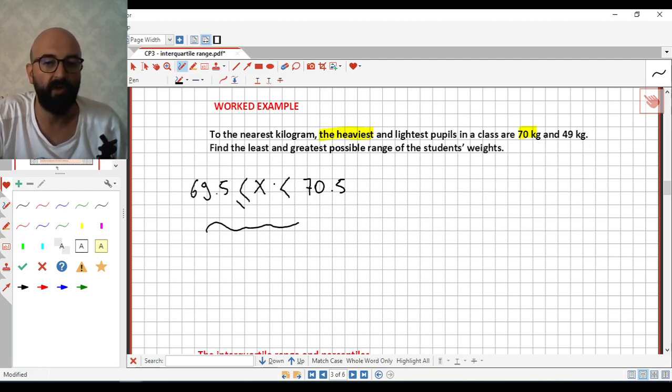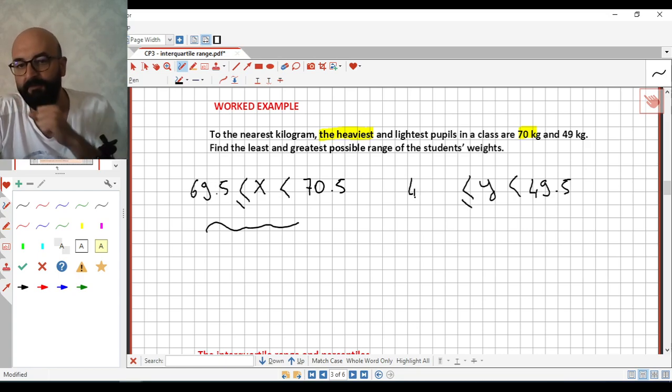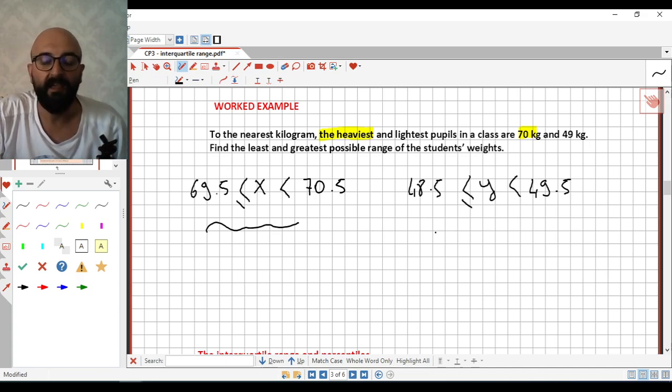If the heaviest pupil's weight is in this gap, to the nearest kilogram it becomes 70. For the lightest pupil, we can say Y, it should be less than 49.5 and greater than or equal to 48.5. If we accept this gap, the lightest pupil to the nearest kilogram becomes 49.